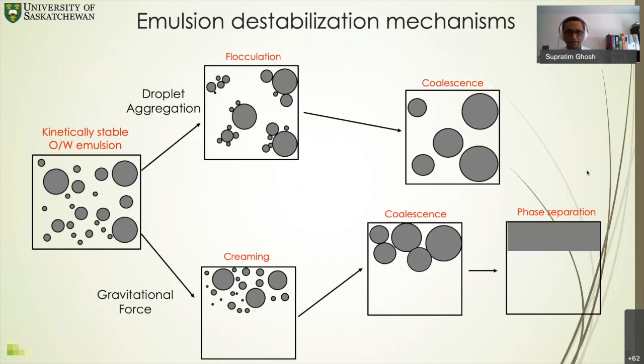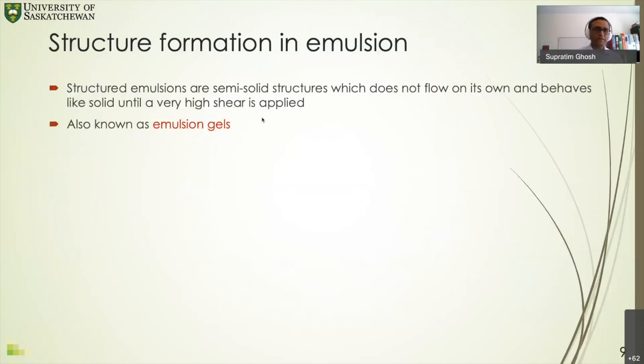You don't want that. So traditionally, for beverage emulsions, for liquid emulsions, we don't want creaming, and we don't want flocculation either. But when you are talking about structured emulsions, things are a little more interesting, and let's see how it turns out. Structured emulsions are semi-solid.